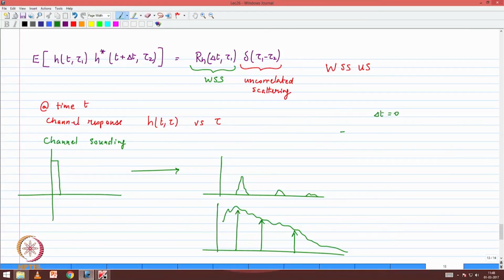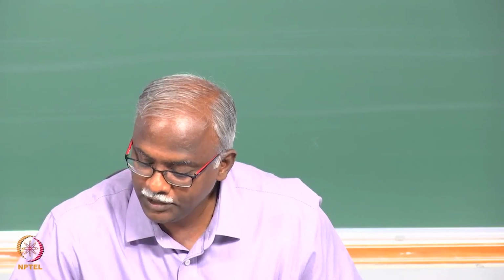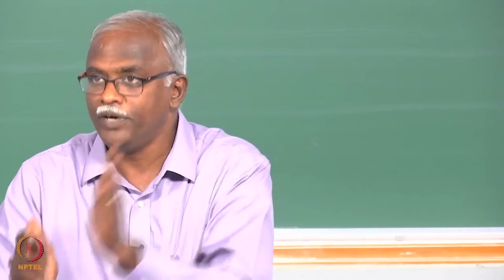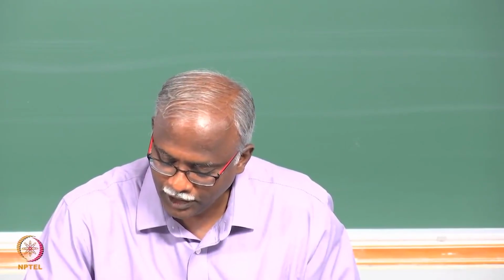So the expectation that I did in that previous graph becomes the expected value of the magnitude of h of t comma tau squared. This is nothing but the autocorrelation function at tau. Basically, I am looking for the power as a function of tau. So this is the autocorrelation, or RH of tau. That's the continuous version, and this is the discretized version.